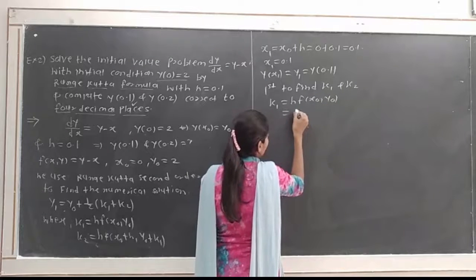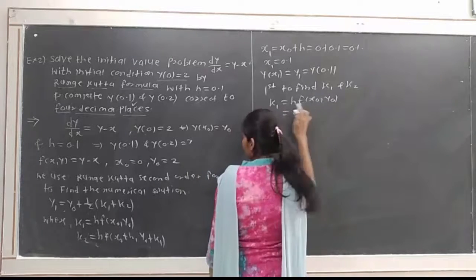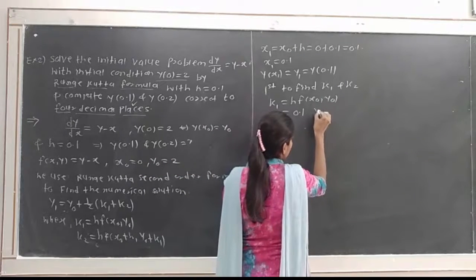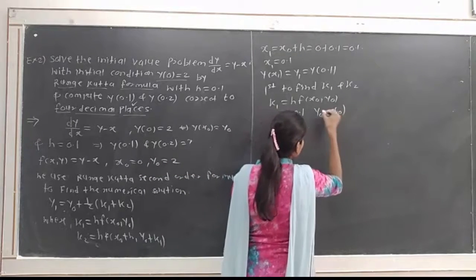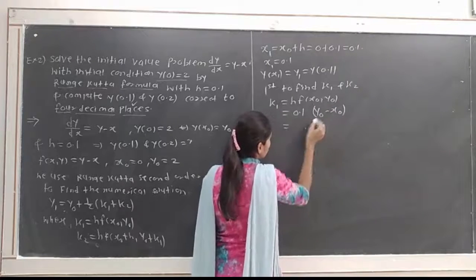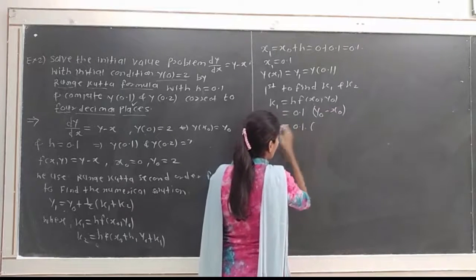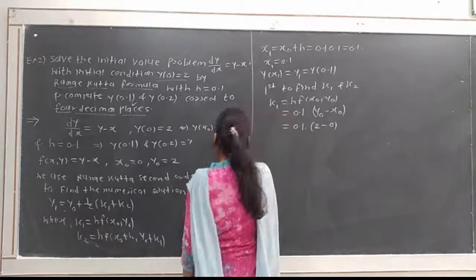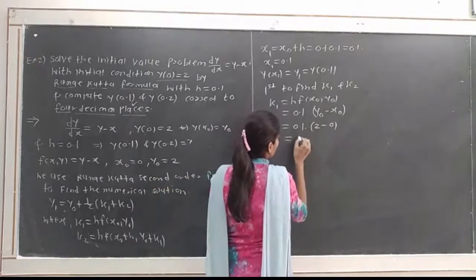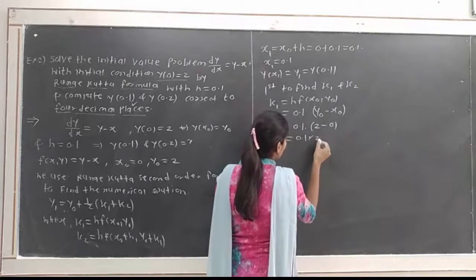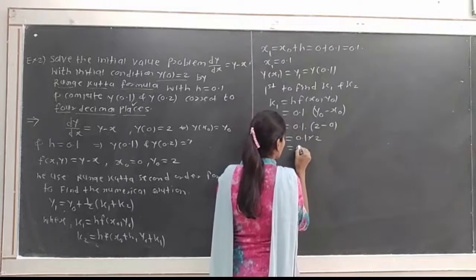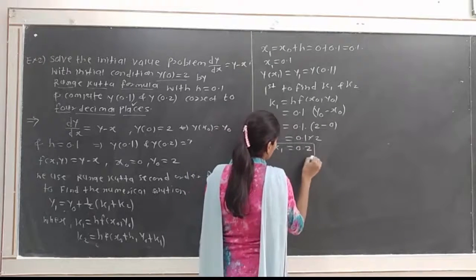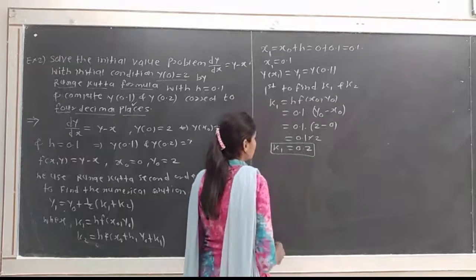Here h is 0.1 and the function f of x, y is y minus x, so at x0, y0 this becomes y0 minus x0. Putting in the values, 0.1 into 2 minus 0, we get 0.1 into 2, that means 0.2. So k1 is equal to 0.2.